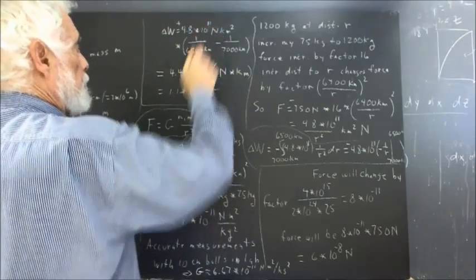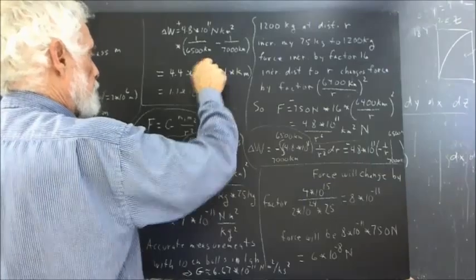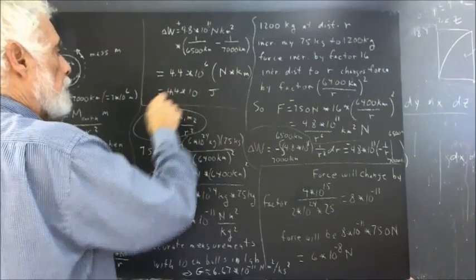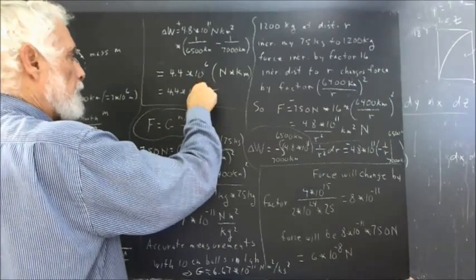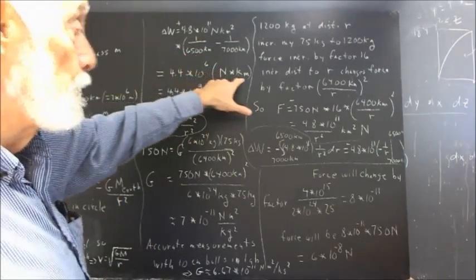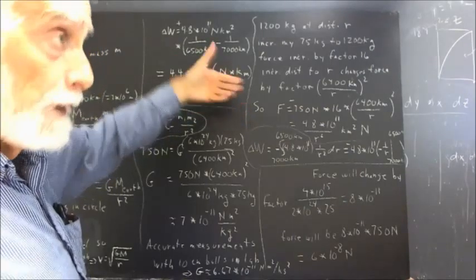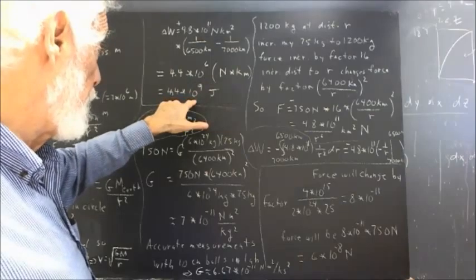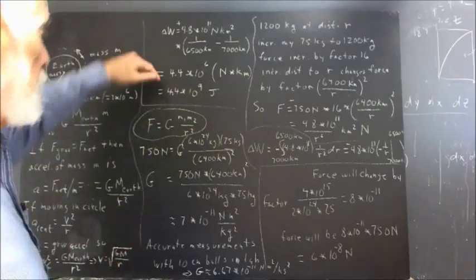And 10 to the negative 5th times 10 to the 11th is 10 to the 6th. So now we end up with 4.4 times 10 to the 6th Newton kilometers, kilometer being 1,000 meters and a joule being a Newton meter. We need another factor of 1,000 to get to 4.4 times 10 to the 9th joules.